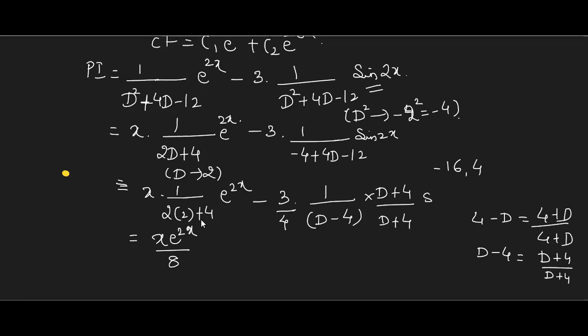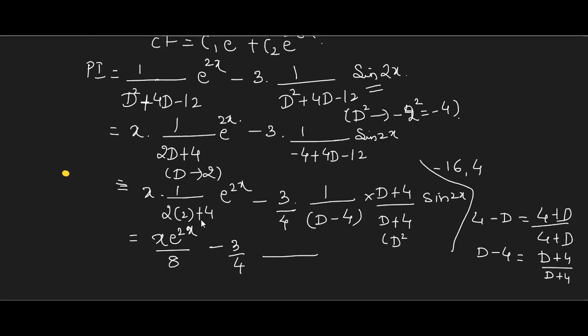Yes, this is sine 2x. Hope the step is clear. We have written this 4 out. This is minus 3 by 4. Now I'll do two things at once. This is a minus b into a plus b. We are sure it is a square minus b square. Am I right? So your a square term is what? d square.